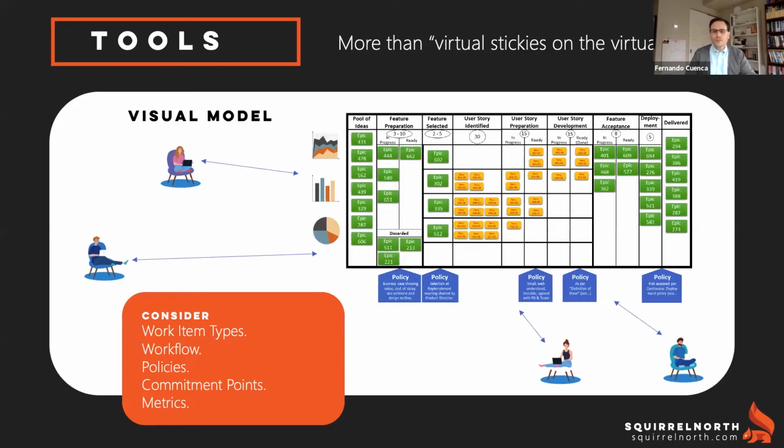It's a richer model that includes things like how your work is classified, which we call work item types, and how different types of work are processed, classes of service. All those pieces of work are bound by rules that we follow, those are the policies. We make commitments, so there are commitment points and delivery points, special points in the workflow.